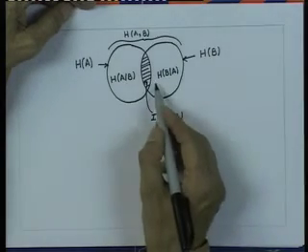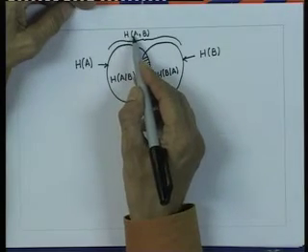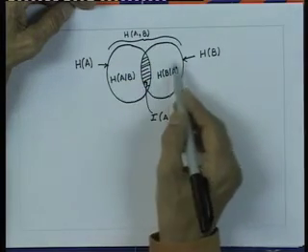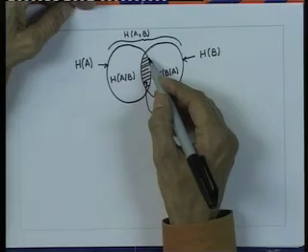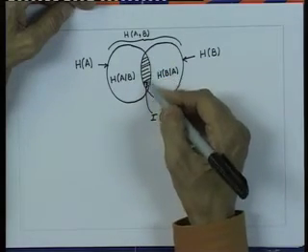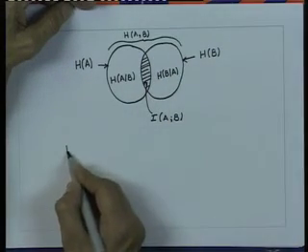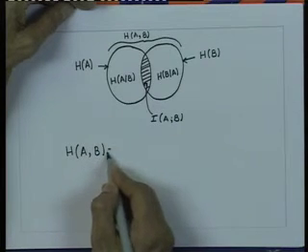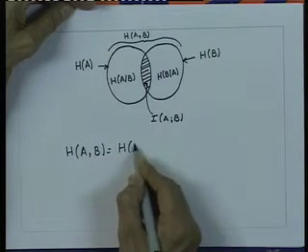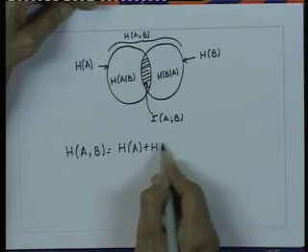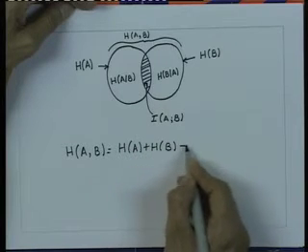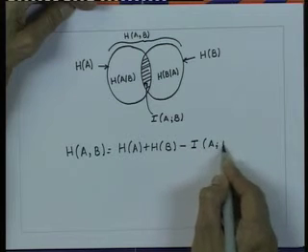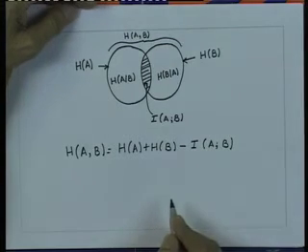And the joint entropy, that is H of A B, is the sum of H A and H B except for the fact that the overlap is included twice. So, looking at this Venn diagram, H of A B is equal to H A plus H B minus I of A B.